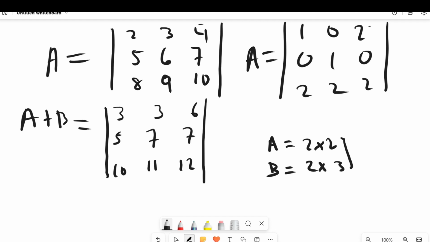And likewise, if you have the dimension of A as a 2 by 2 matrix, and the dimension of B is a 2 by 3 matrix, we also cannot perform a subtraction with those two matrices.